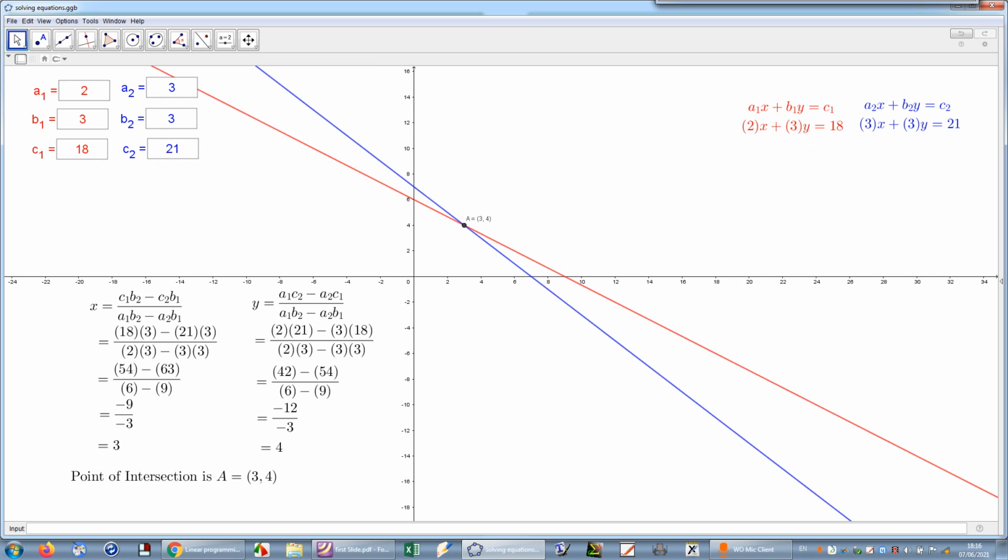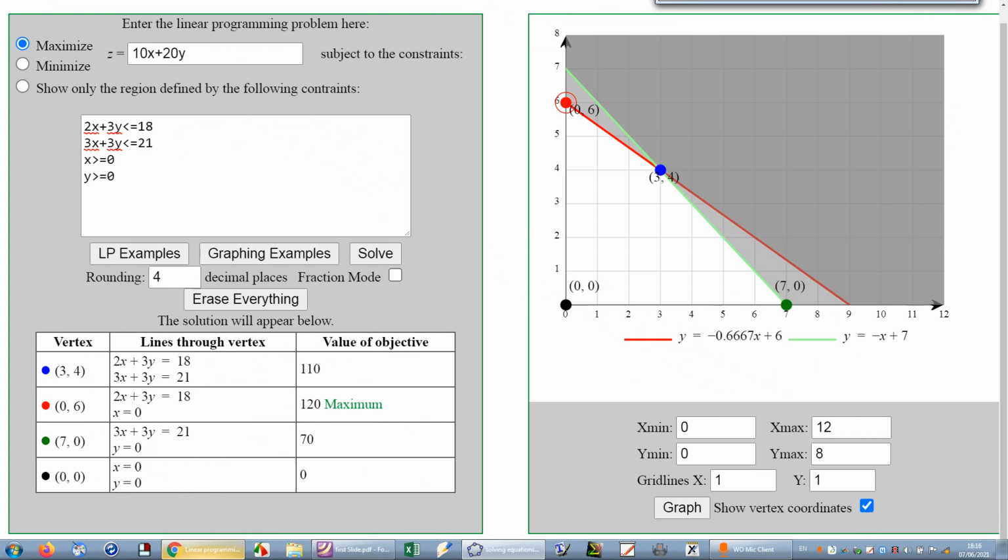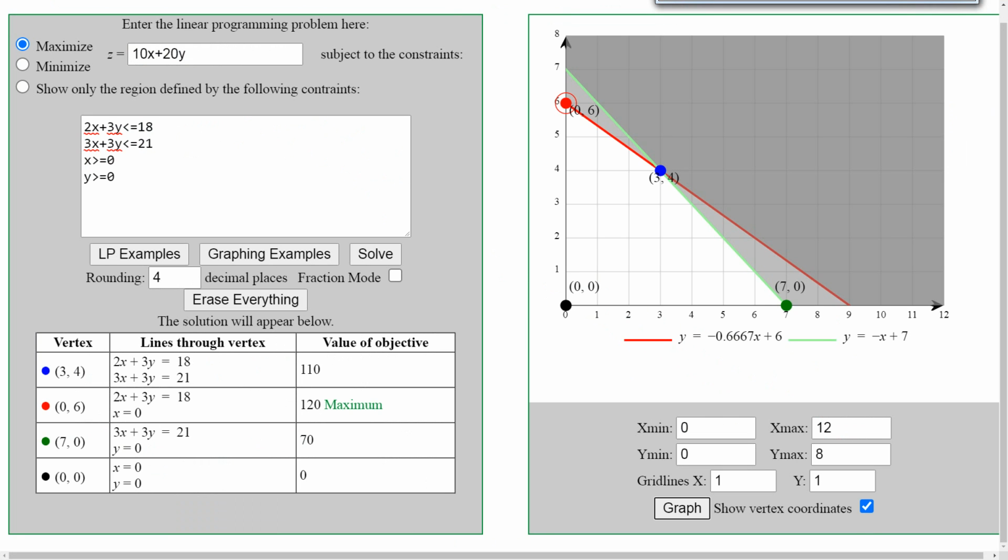Now let us come back to the linear programming problem. Just now we have seen how the value is (3, 4), this point. In this way we have obtained all four vertices. So that completes the third step.